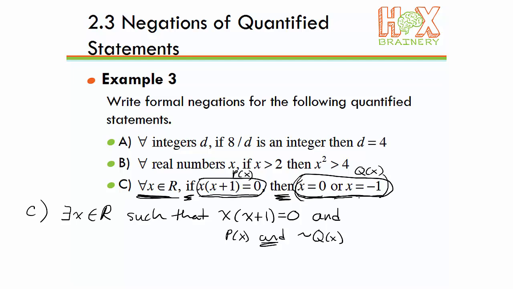And then right here, in order to negate the or, you're actually going to use De Morgan's law. The q of x part, this part right here, is like p or q. When you go to negate that, like we went over in the first chapter, De Morgan's law tells us that we negate the statements and change the disjunction to a conjunction.